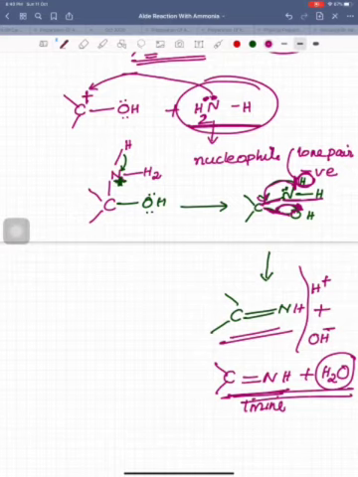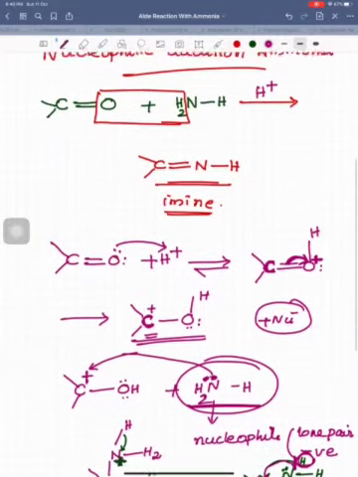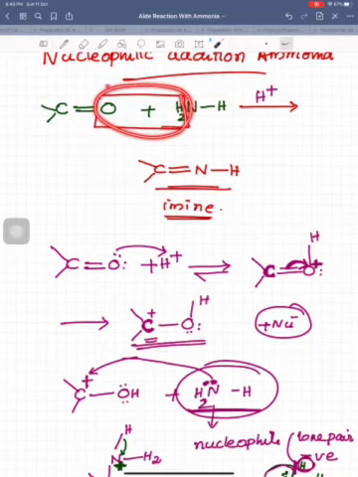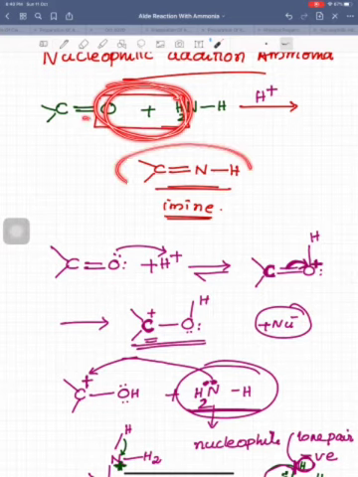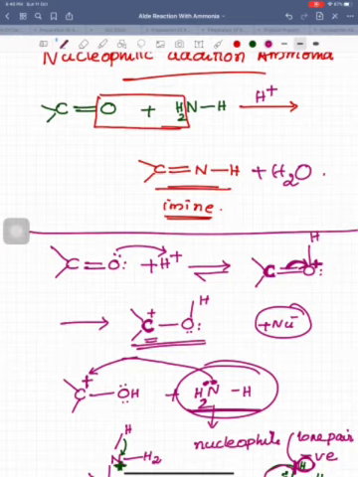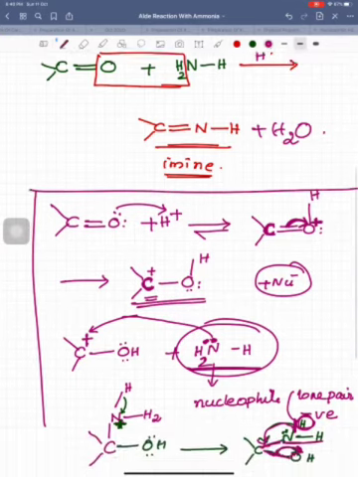Without going into much deeper steps, you can simply write the same reaction I wrote in the beginning. When the carbonyl compound reacts with NH2, just write it in this manner, remove these steps and write the product together with water. The rest of the portions I have written there.